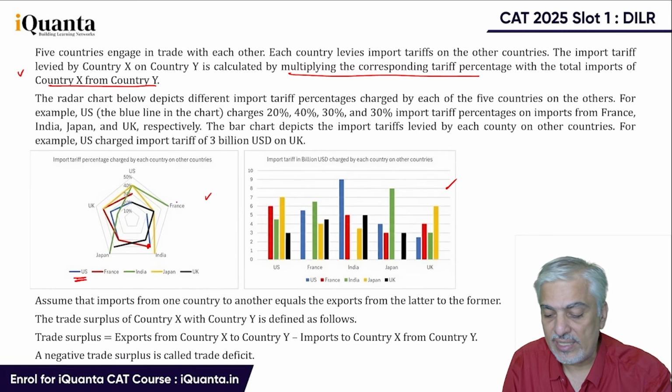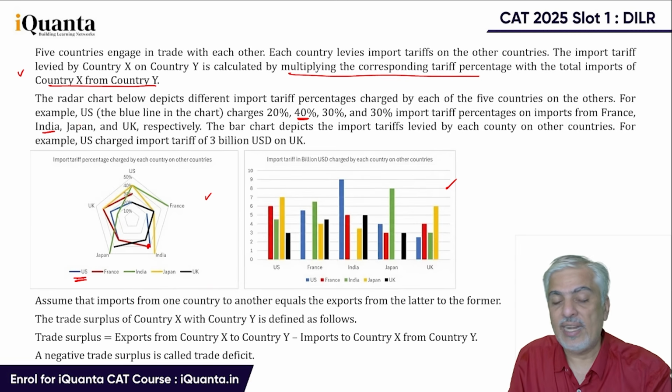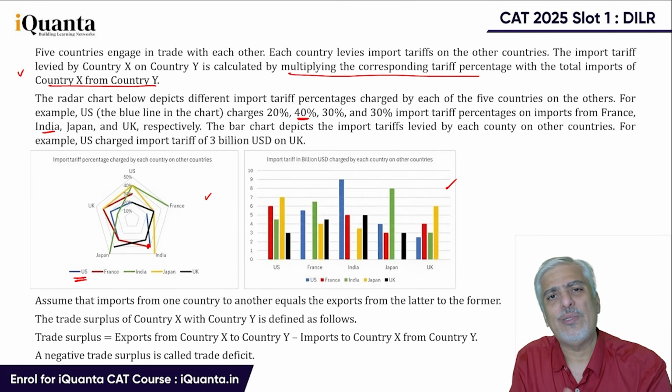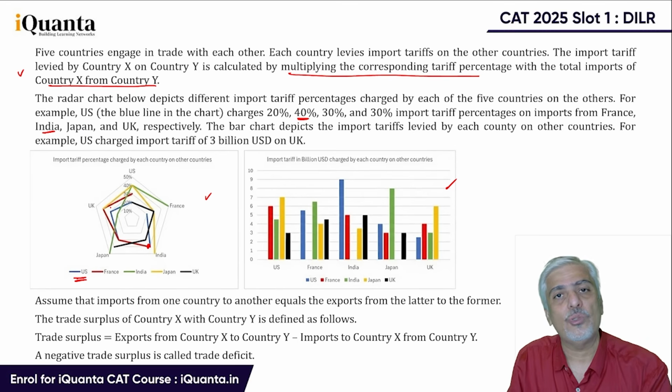Remember the innermost line is 10%, then there is 20, 30, 40, 50. So with India, it is 40%. Is that right? Yes, right. So this is just reading of this graph. If you have not understood how to read this graph, you may have to go through it a little bit more carefully.